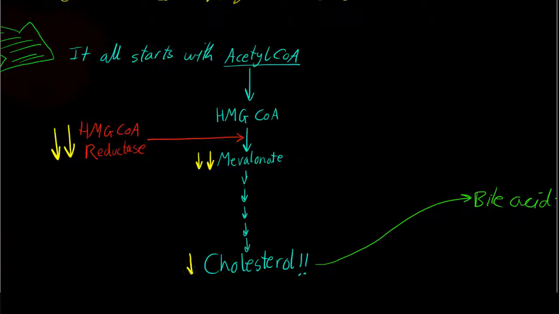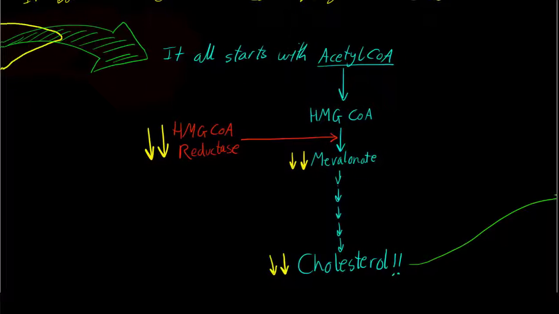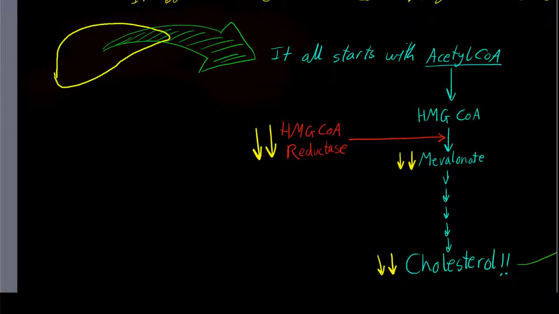So if the activity of HMG-CoA reductase goes down, the mevalonate levels go down, which means that further down the pathway, the level of cholesterol reduces as well. So for whatever reason, if HMG-CoA reductase enzyme reduces in activity, you're going to get less cholesterol production from the liver. So what is the consequence of this? What is the consequence of reduced cholesterol being produced from the liver?